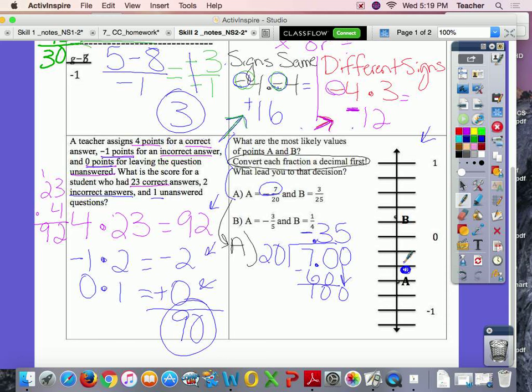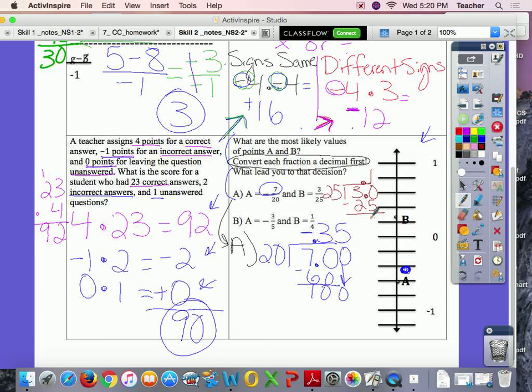Okay, so let's see if B is in the right place. So if we have 3 divided by 25, we need to add our decimal, 0. How many times does 25 go into 30? Once. 25.